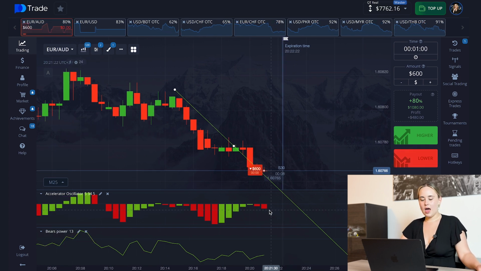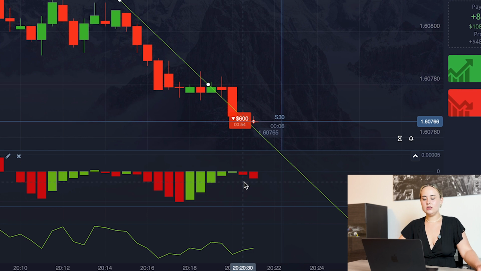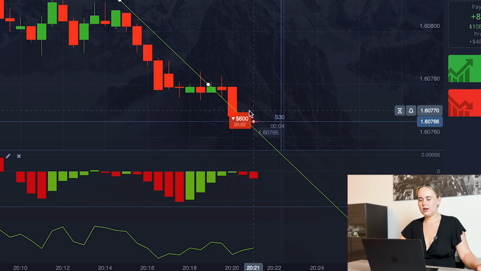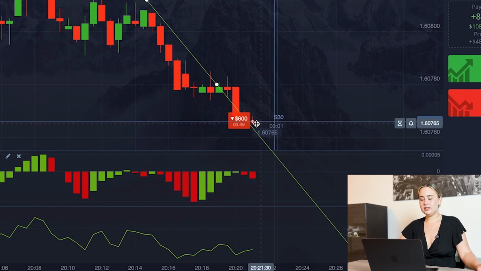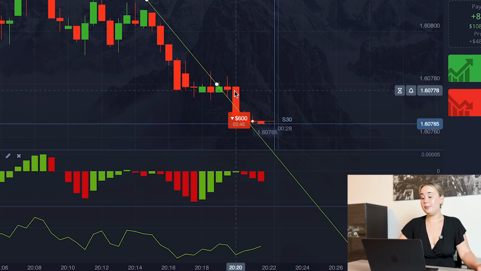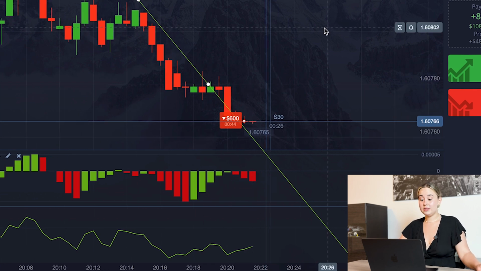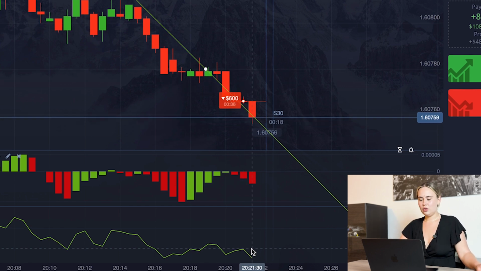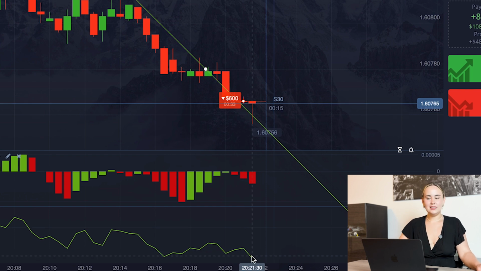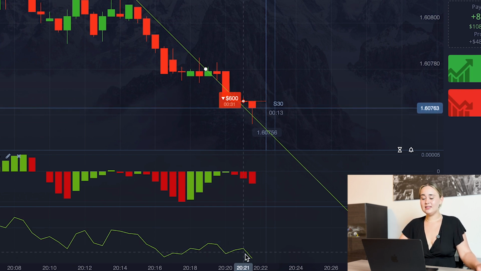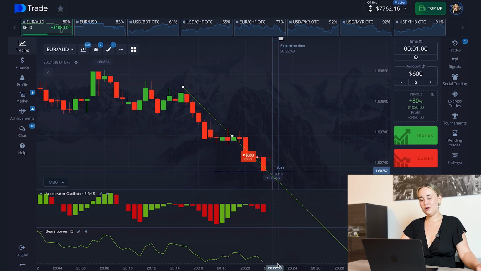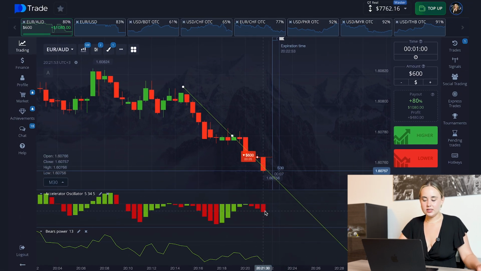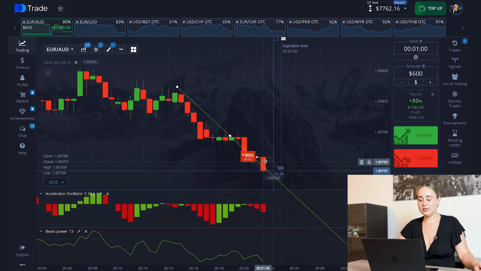I think I was really trusting this oscillator indicator right here, and maybe the price is gonna take like this really big minimum before it's gonna compensate. So right here you can see that the bearish power indicator, it's not really showing us. Oh, right now see how tables turn. It's showing us that the price is gonna go lower, and this is exactly what's happening, and the oscillator indicator is showing us the same.